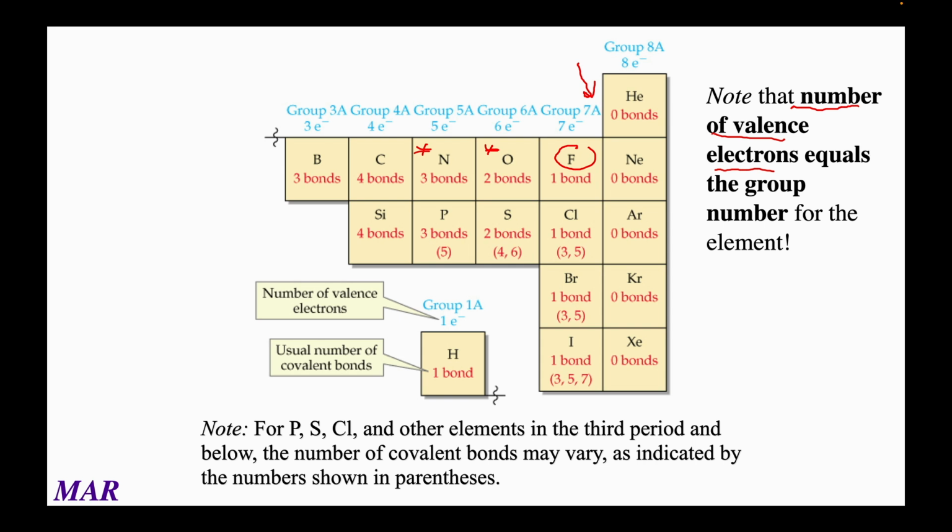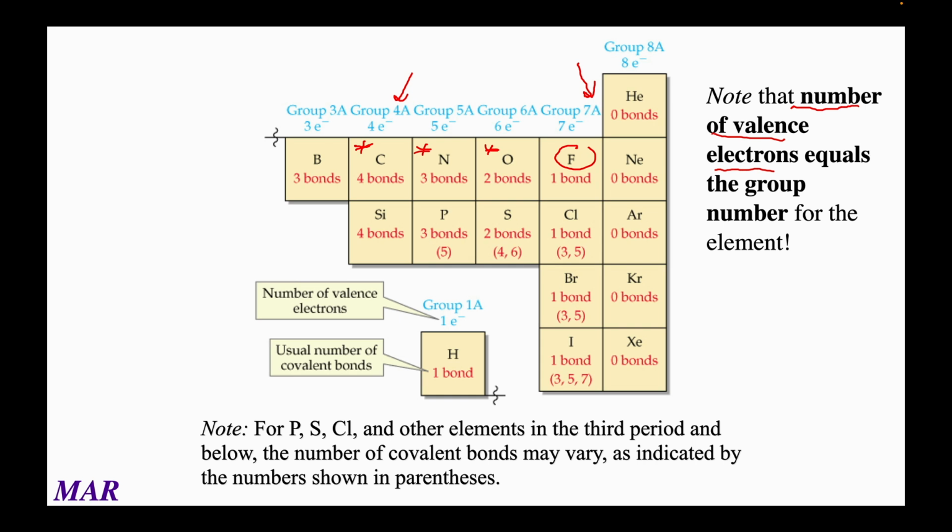Likewise, for example, carbon, which is number 6 on the periodic table, has 6 electrons total, but it has only 4 valence electrons because it's in group 4A. So 6 minus 4, the other 2 are just core electrons. So valence electrons represent the number of electrons which are available for bonding in the molecule. And that's going to become really important to us.